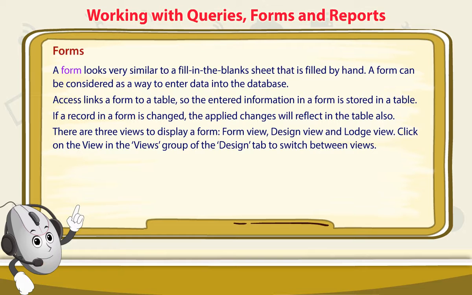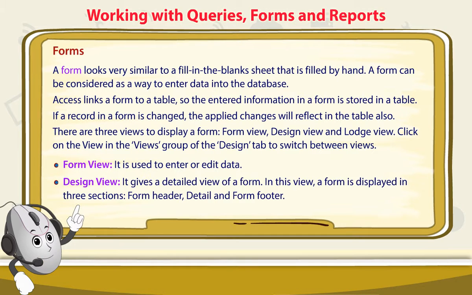There are 3 views to display a form: Form View, Design View, and Layout View. Click on the View button in the Views group of the Design tab to switch between views. Form View. It is used to enter or edit data. Design View. It gives a detailed view of a form.